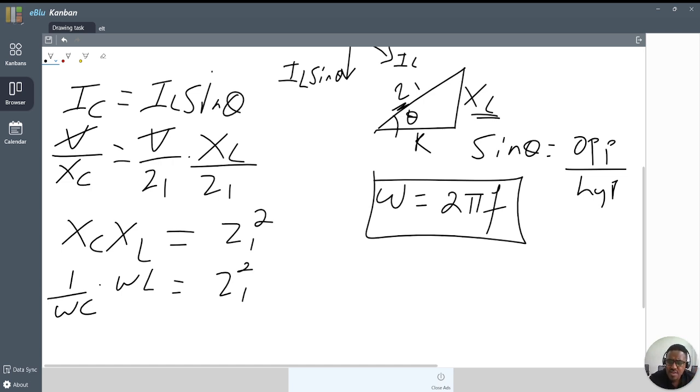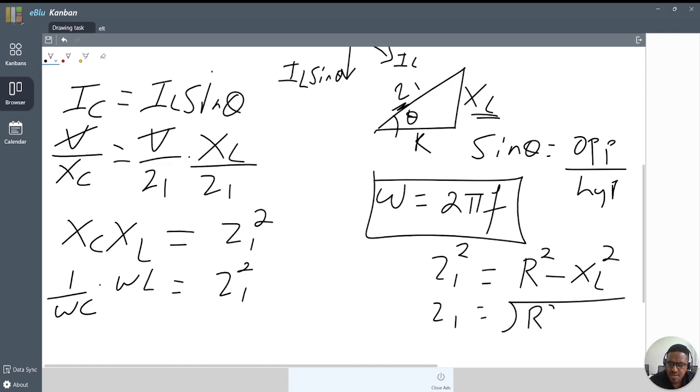From the right angle triangle, Z1 square becomes R square plus XL square.